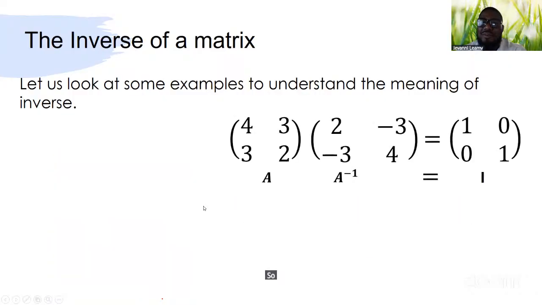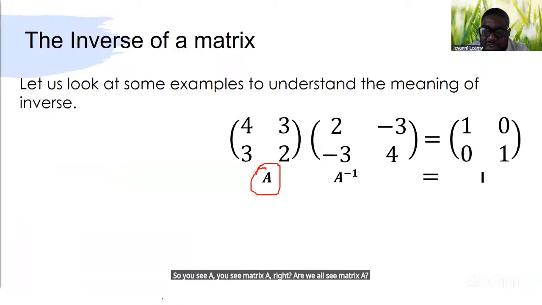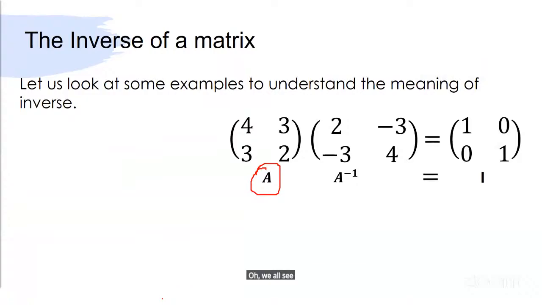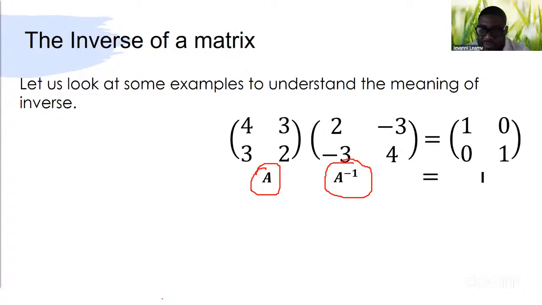Let me write this down. You see matrix A, right? Are we all seeing matrix A? Now, how would I call the second one that I just circled?